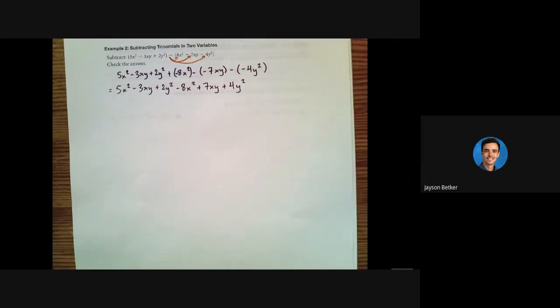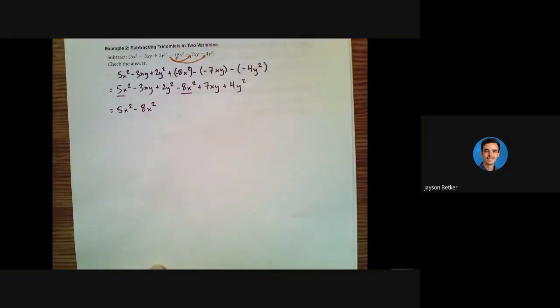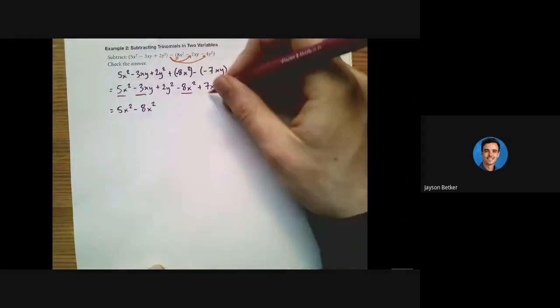What is always my next step after that is to combine my like terms. Let's start with the x squareds. So I get 5x squared minus 8x squared. And then let's put our xy's in the middle. Minus 3xy plus 7xy.